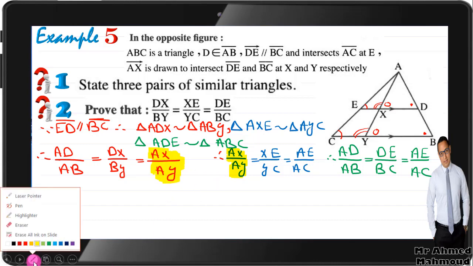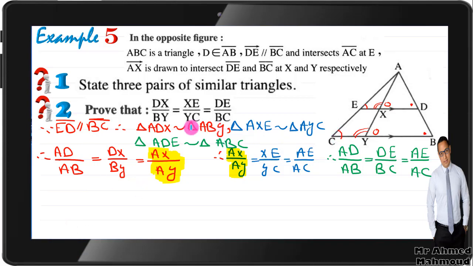And in the second and third groups, XE over AC and AE over AC. This is the first relation, the second relation, and the third relation. By looking carefully, this is a common ratio between the first and the second, and there is a common ratio between the third and the fourth. So the 3 ratios are equal.